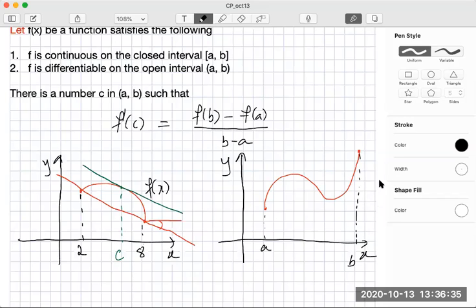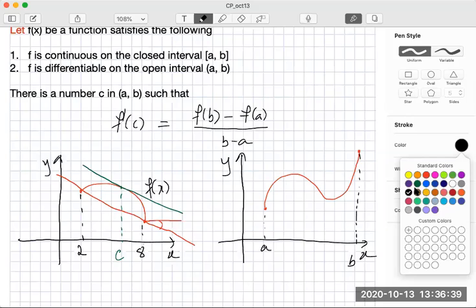The theorem says that, before doing anything, let us draw the secant line from this point to this point.